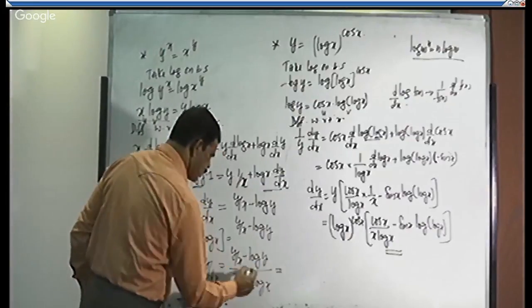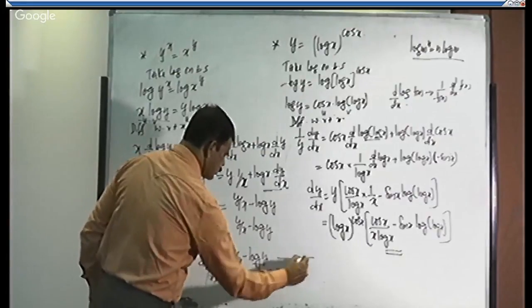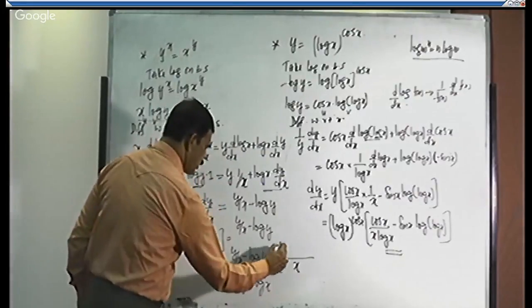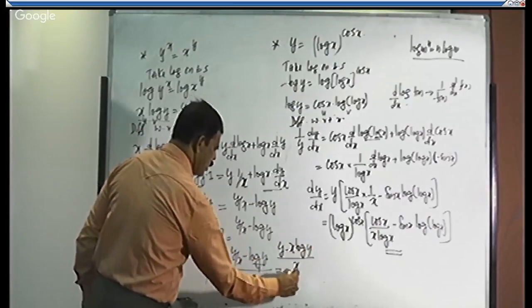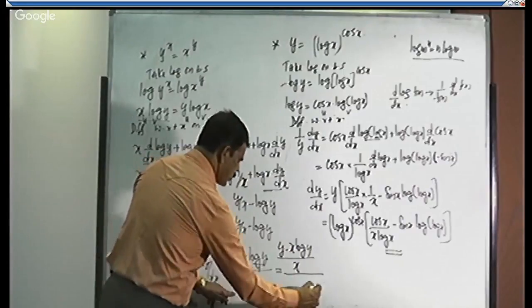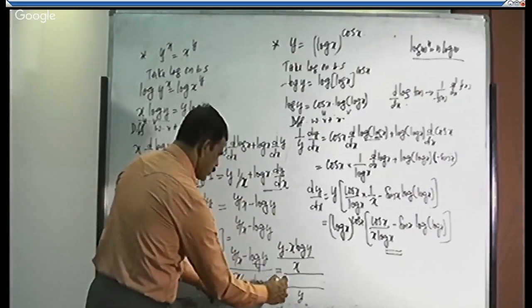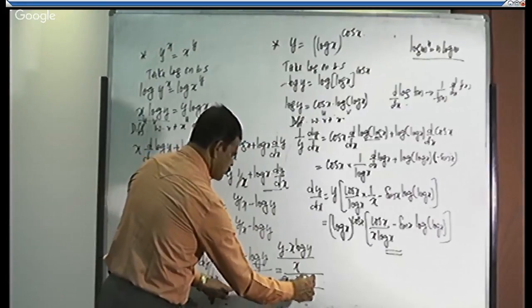Further, you can simplify it by taking the LCM in the numerator as well as in the denominator. In the numerator, x is the LCM, so x into y minus x log y. At the same time, in the denominator, y is the LCM. What will you get? x minus y into log x.